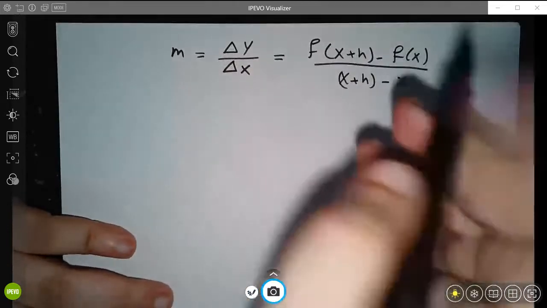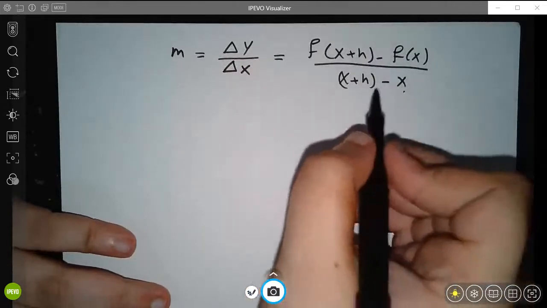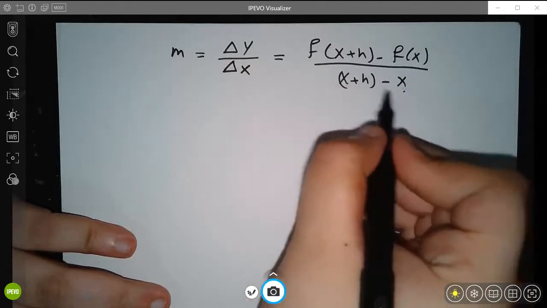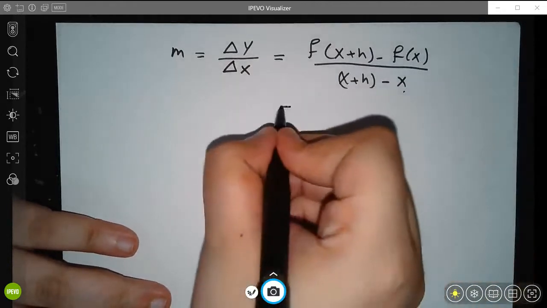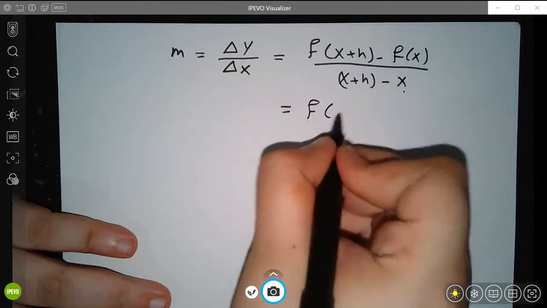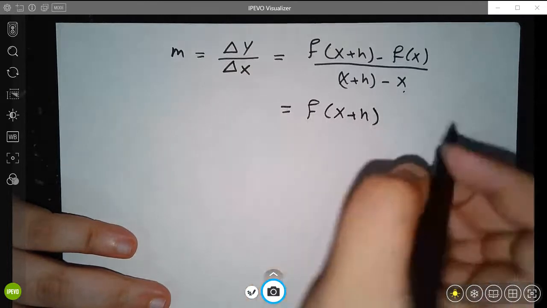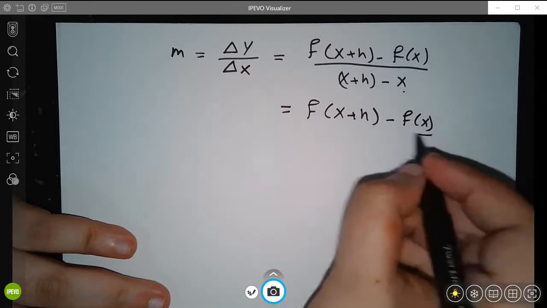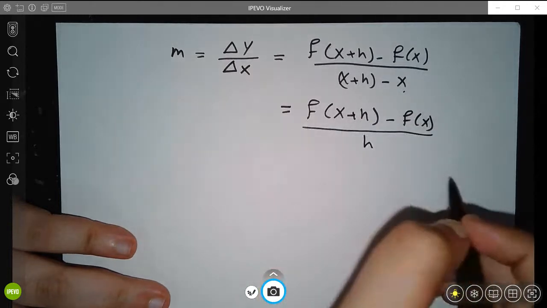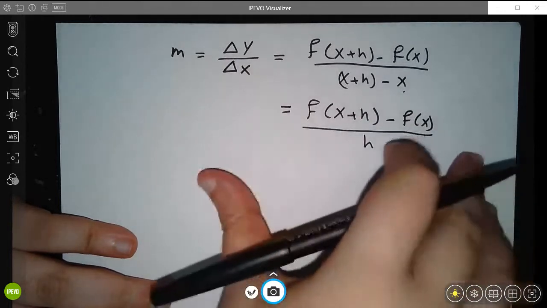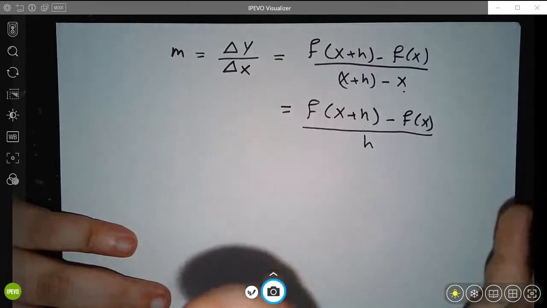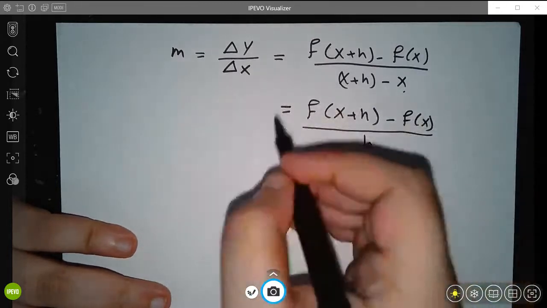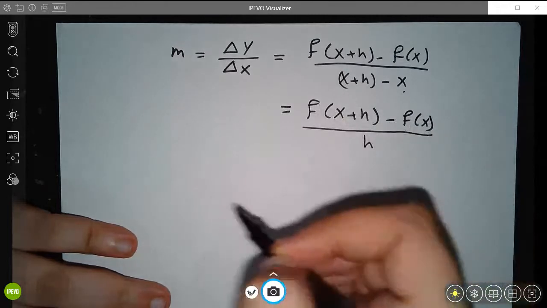Now, there's a further simplification we can do here. It's because you have x and a negative x. So this simplifies to f of x plus h minus f of x over h. And just a little hint, if you're planning to take calculus in the future, this right here is a definition of derivatives.